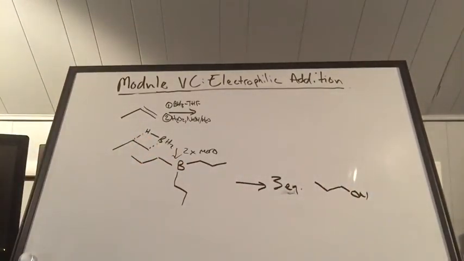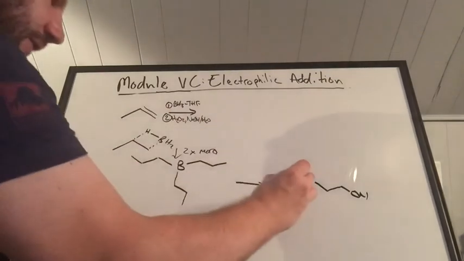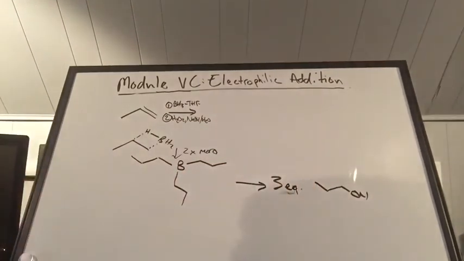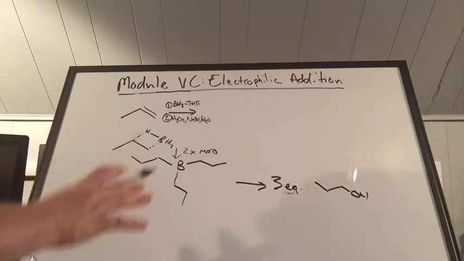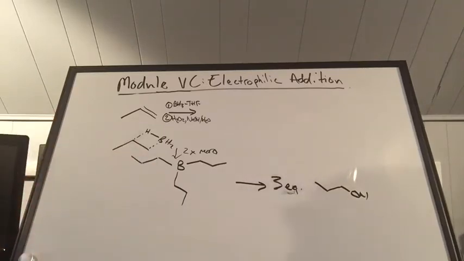Okay, so n-propanol from propene. Again, anti-Markovnikov addition. I didn't go through everything in terms of mechanisms. You can take a look on pages 625 through 629 for that whole elaborate mechanism. I just wanted to show you guys the nuts and bolts, quick and dirty application here.